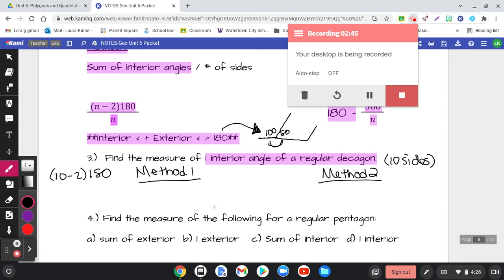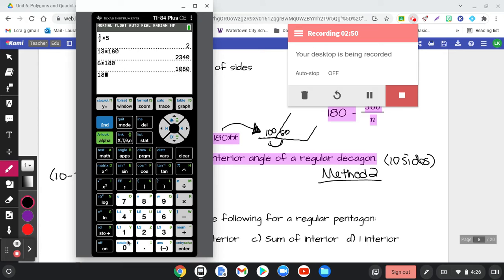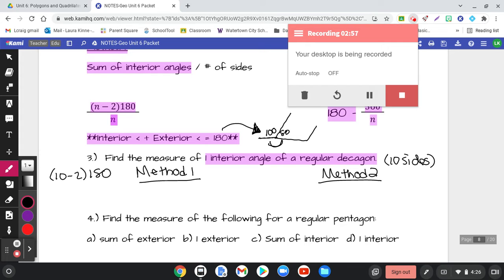This will tell you how much they all are. So 8 times 180 in your calculator, because if it has 10 sides, it's going to make 8 triangles. Got to remember that. So 1440 is what they all add up to. If you want to find just one, divide by the number of angles. If there's 10 sides, there's 10 angles. Divide it, and you get 144 degrees. So you'd figure out the sum of all of them first, and then divide by the number of angles.